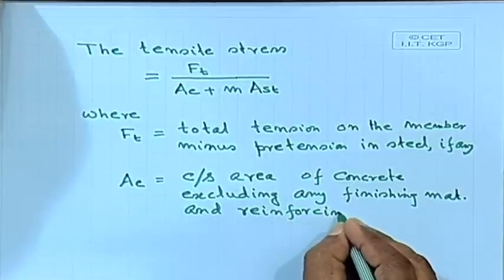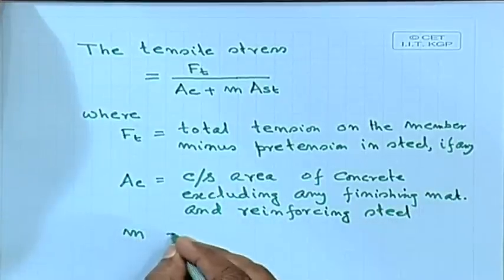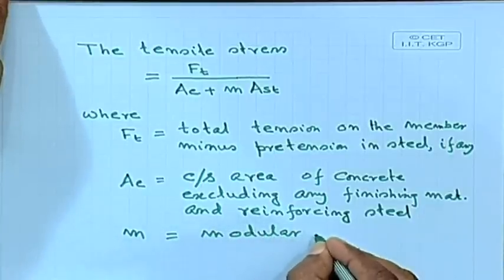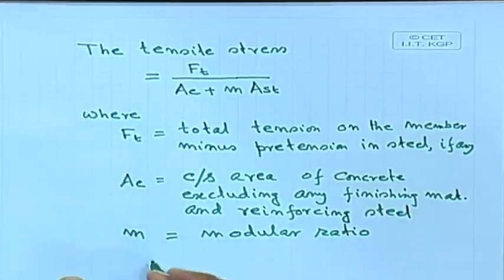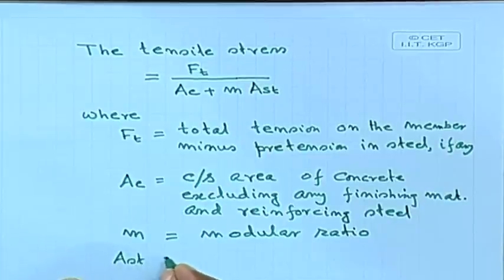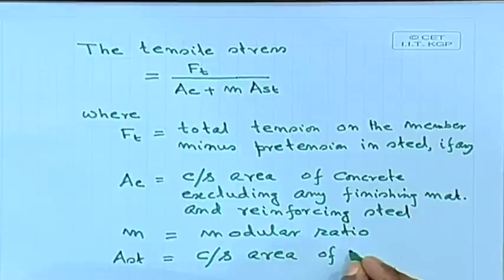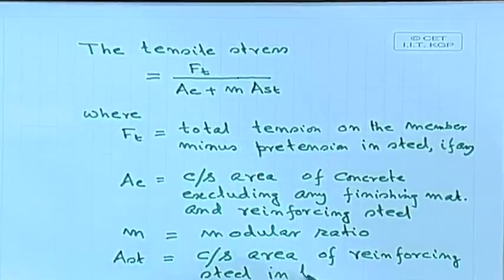Only we are considering concrete. m, that modular ratio, and AST, cross sectional area of reinforcing steel, to be more specific, in tension.